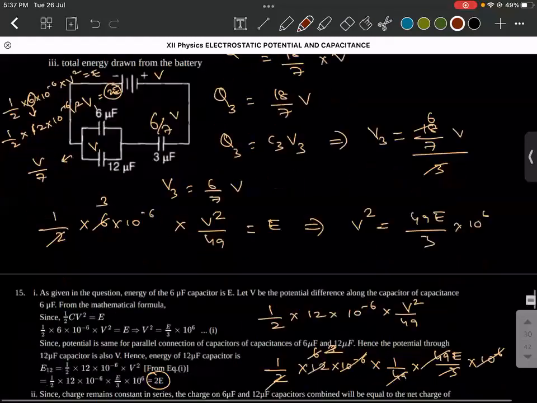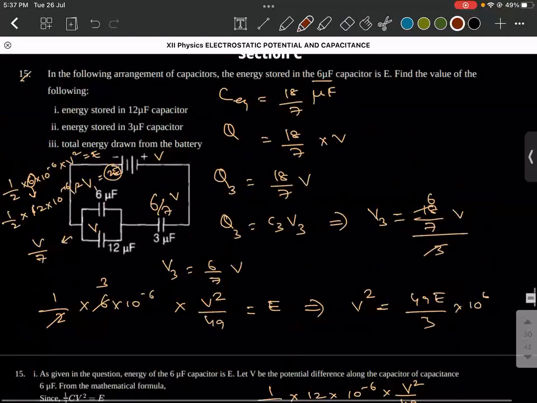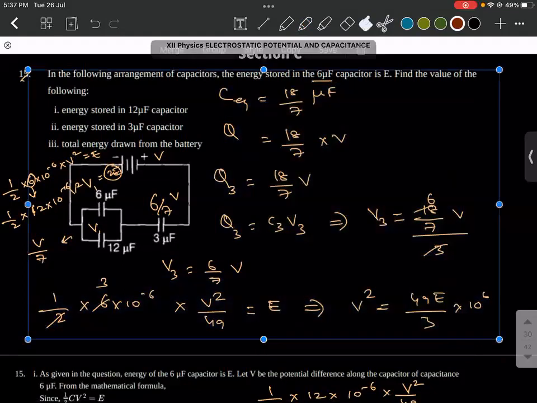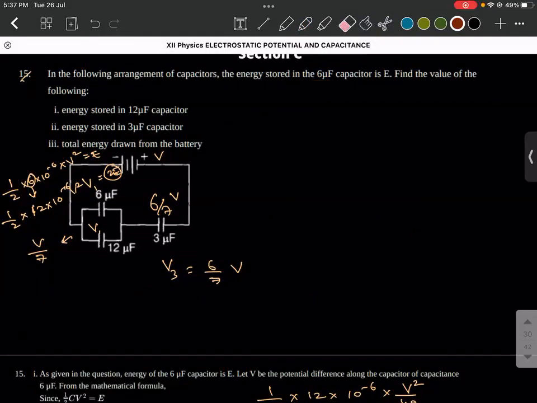So do it. Can I rub this part? Okay, those who are on, are you able to understand? You're so silent.